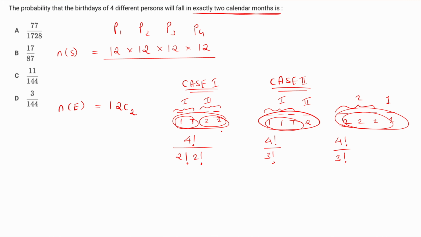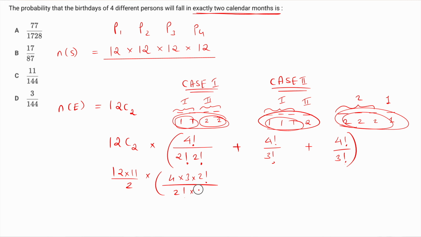So the total number of ways of distributing the 2 months between these 4 people will be 4 factorial upon 2 factorial times 2 factorial, plus 4 factorial upon 3 factorial, plus 4 factorial upon 3 factorial, multiplied by the number of ways of selecting 2 months out of 12. So if I simplify this, 12C2 is 12 into 11 upon 2, into 4 factorial upon 2 factorial would be 4 into 3 into 2 factorial divided by 2 factorial into 2 factorial.